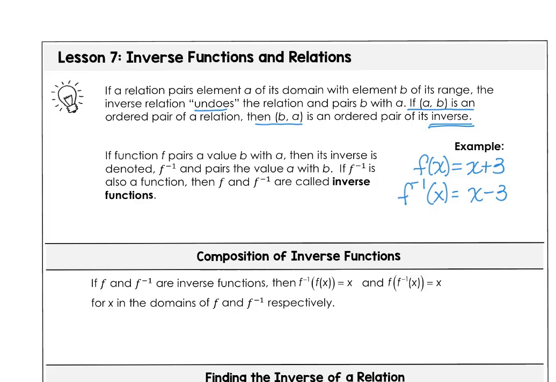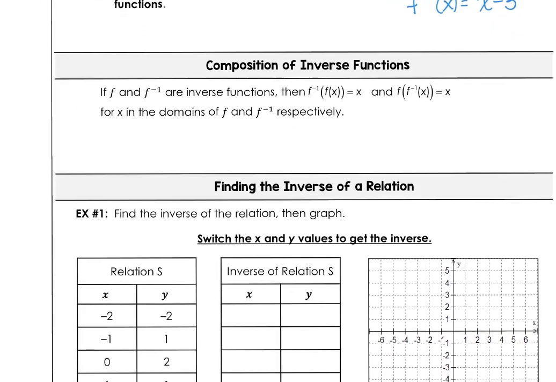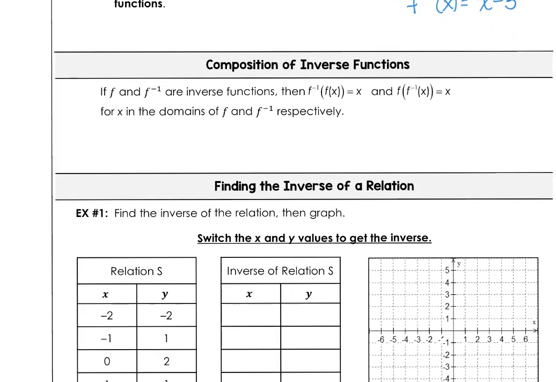If you have function f and f inverse, and they are inverse functions of each other, then the composition f inverse of f of x and f of f inverse of x, if both of these compositions give you the identity function y equals x, then f and f inverse are inverse functions of each other.